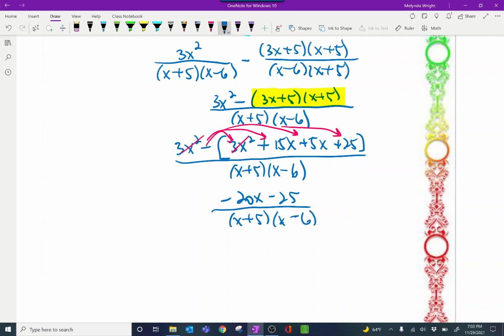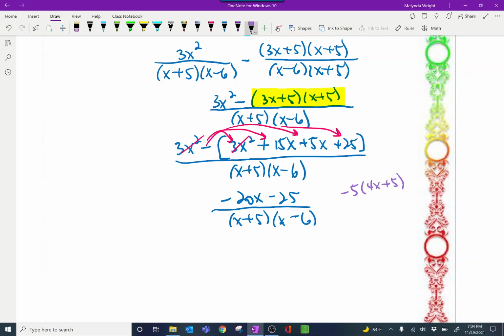Now, the only other thing we should check is to see if it's possible to simplify this. So if I work on the numerator and factor it, let's just do a little scratch work over here. Let's see, I've got 20 and 25. What if I factor out a negative 5? And that would give me 4x plus 5.